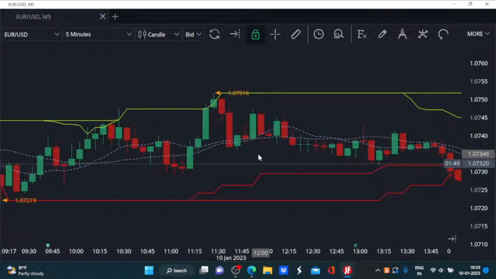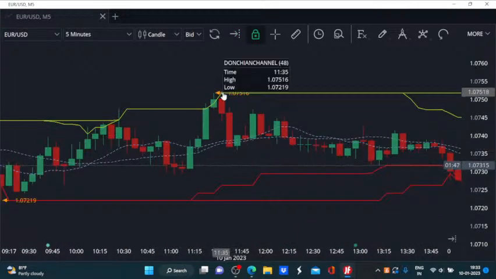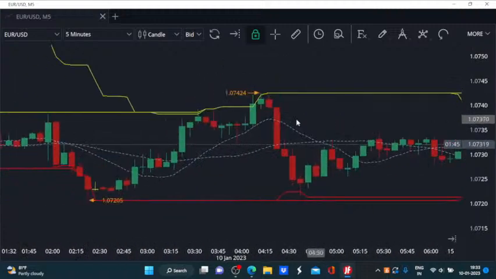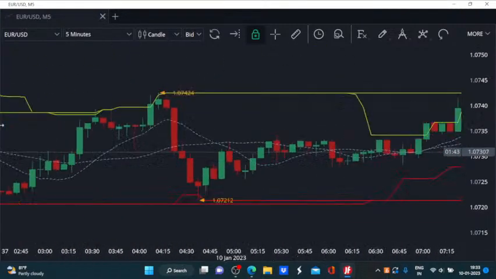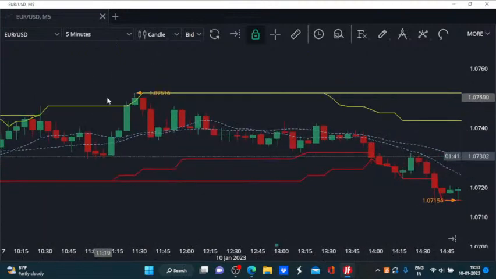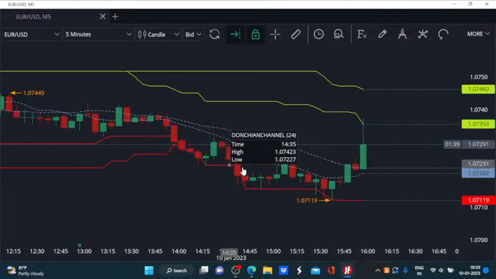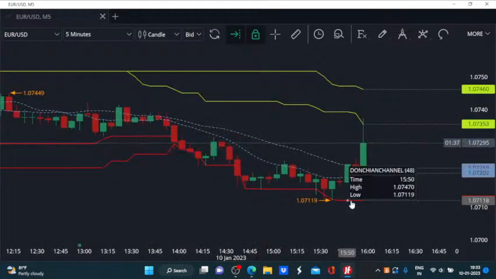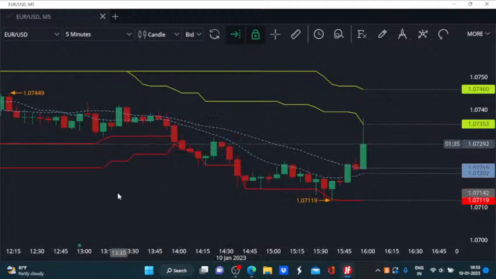For Euro USD, the day's swing high came in at 1.075 and the range is quite narrow. It is 40 pips, which is quite less in most trading sessions and more so in recent days.